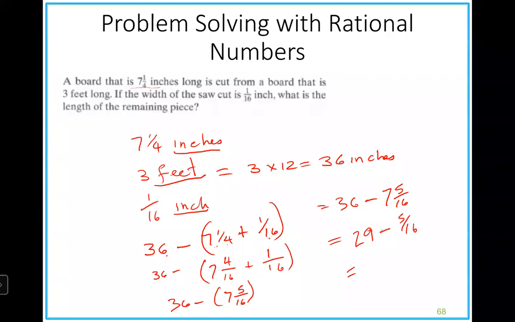How many 16s make a whole? How many 16s make a whole? Nobody? How many halves make a whole? 2. How many quarters make a whole? 4.